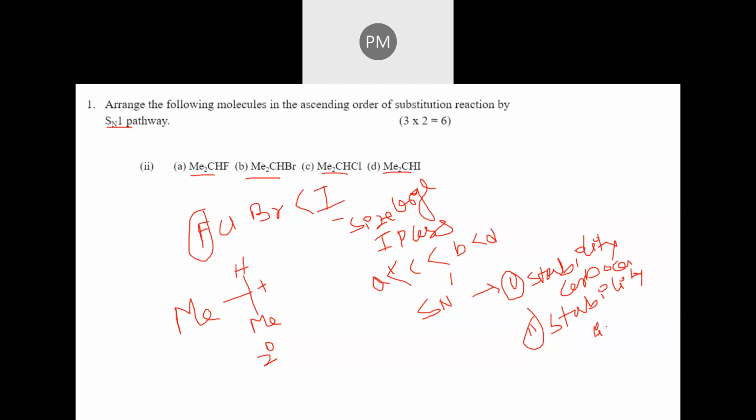Polar protic solvent means a solvent in which some hydrogen is present, like water, methanol. This will favor the SN1 reaction.